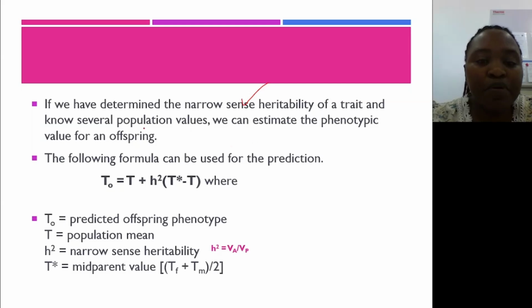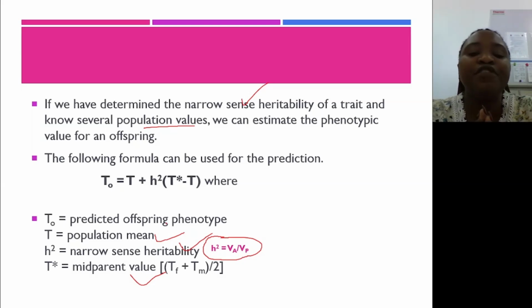Then we have some population values, in this case the population mean. We have already obtained the narrow sense heritability. And then we have what we call the mid-parent value. If we have all this data, then we can predict the offspring phenotype.